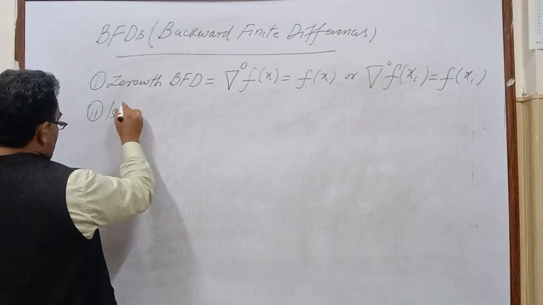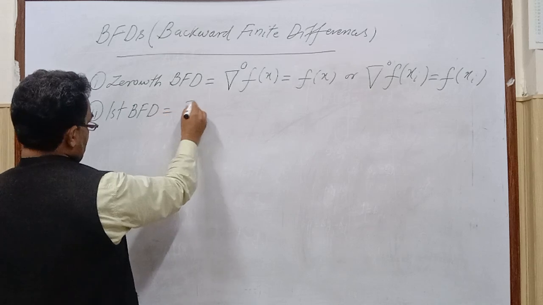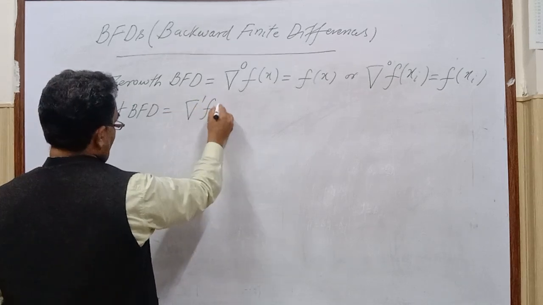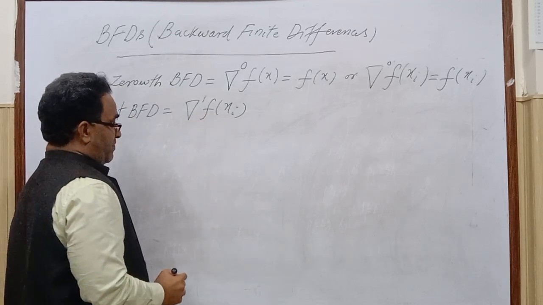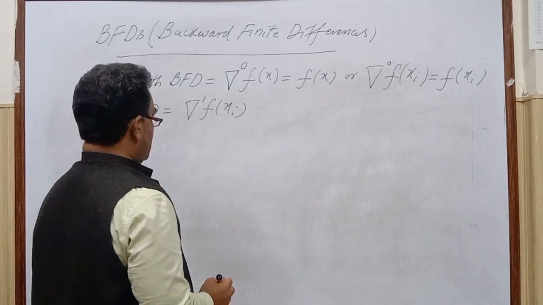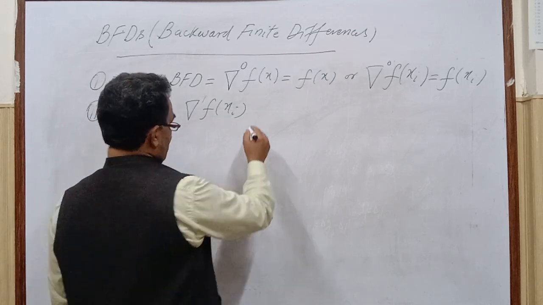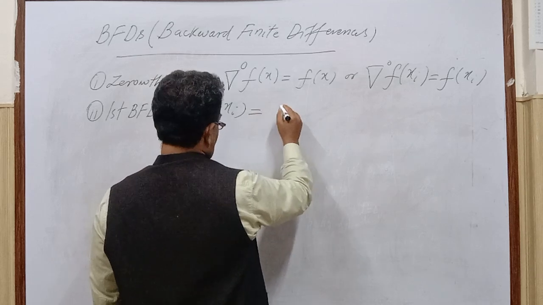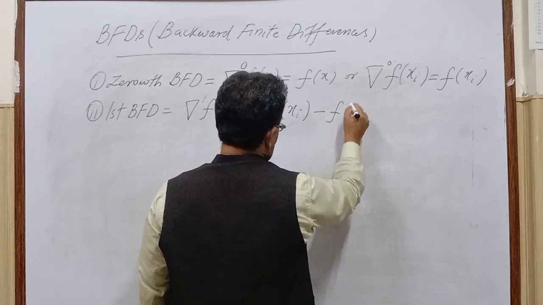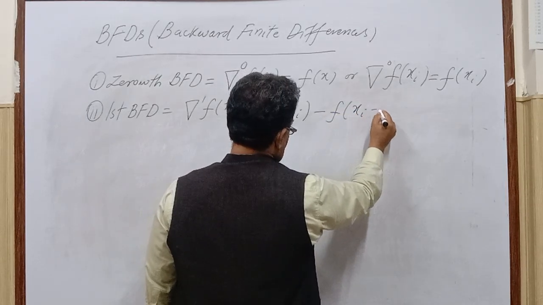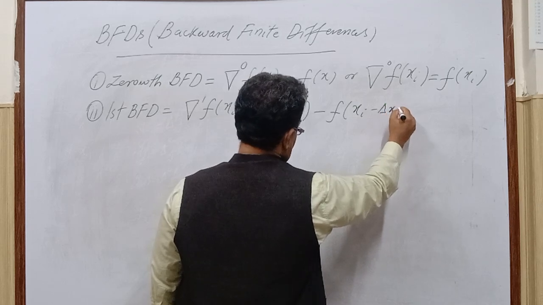And the first BFD is written like this: del 1 f of xi for a particular value of x. Means when we are standing at a particular value of x, the first level BFD is defined like this: f of xi minus the value of the function at xi minus delta x.